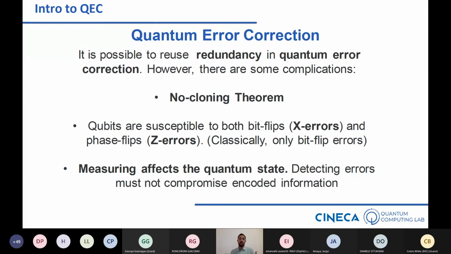If you want to detect the error, you have to measure things in a clever way, in order not to collapse your original state and not to compromise the quantum information encoded in the quantum state. So you have to pay attention to the measurement part.